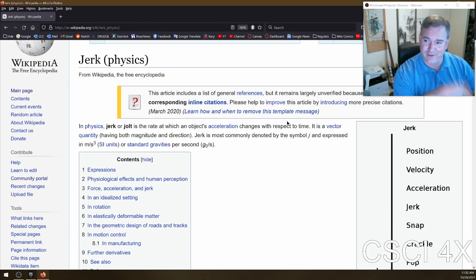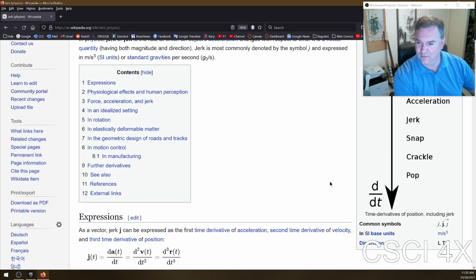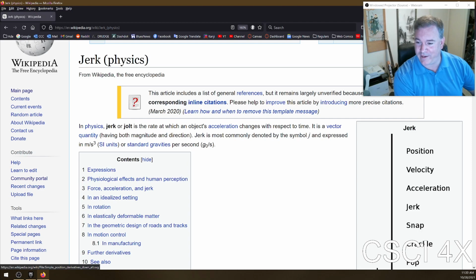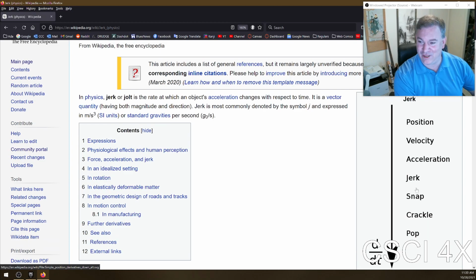So as you put your foot down on the accelerator, something like that. And then there's snap, crackle, and pop. The change in jerk over time is the snap, the change in snap over time is the crackle, and the change in crackle over time is the pop. So this is the derivative with respect to time.